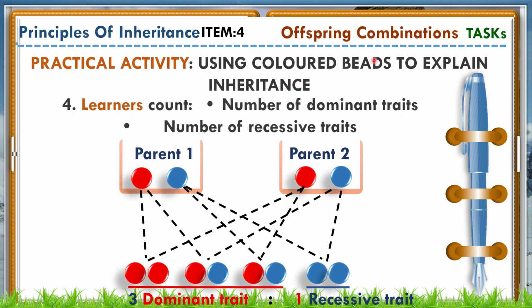Then the offspring combinations: here we are going to get 3 out of 4 showing dominant traits, and 1 out of 4 is going to be a recessive trait. A trait is a character.